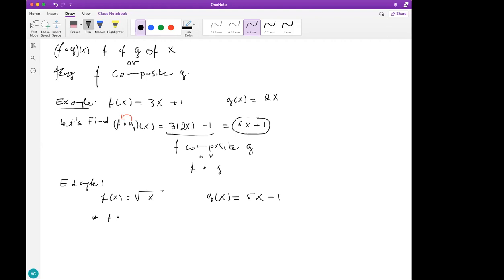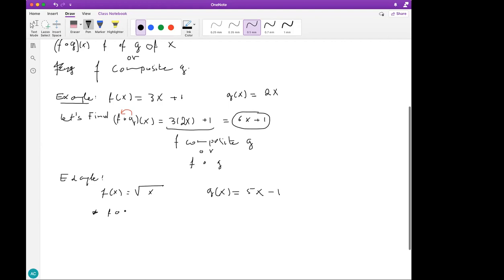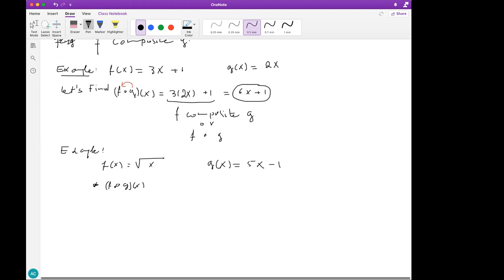We're going to find f of g of x. Which function goes into which in this example? What function do we plug into which function? G will be plugged into f. Always start with the second one, plug it into the first one.